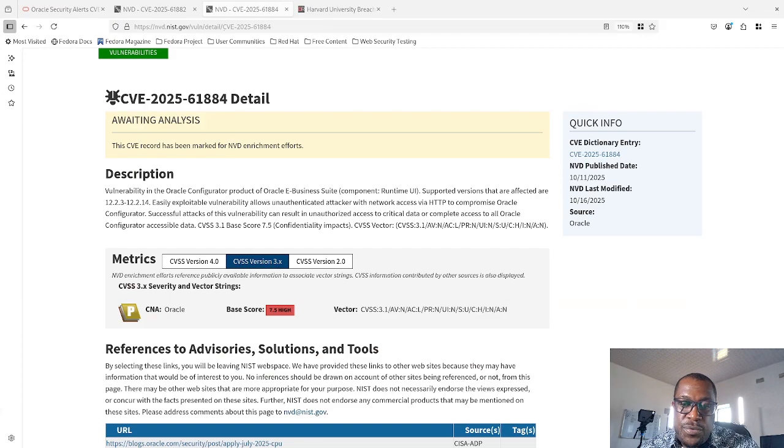So according to NIST's National Vulnerability Database, the vulnerability CVE-2025-61884, which was published on the 9th of October, had a CVSS score of 7.5, which is regarded as high.